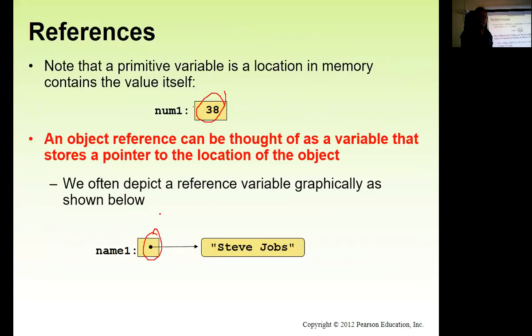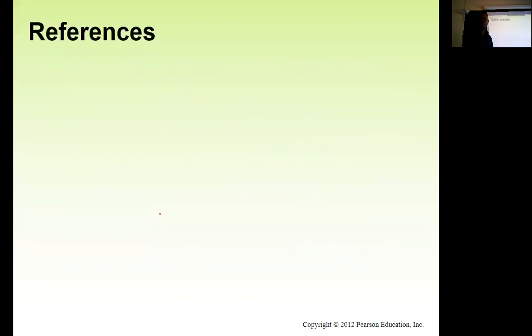If name1 points to Steve Jobs, and name2 is pointing to John Boehner, and we try to compare them, it will be comparing whether they are pointing to the same location, because what they are comparing is the reference that is in the variable. That's why we can't compare them the same way, and we're going to do an example of that.